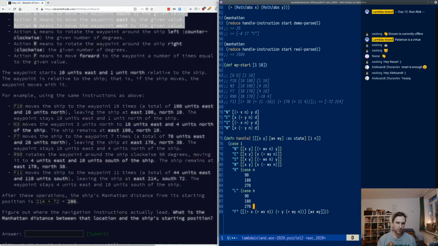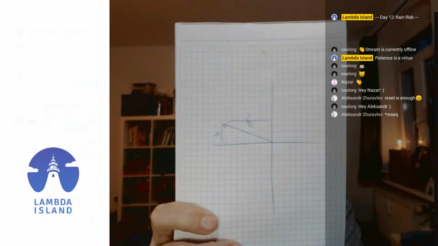Let's first go clockwise. So that's to the right. So this is kind of what we're working with, right?